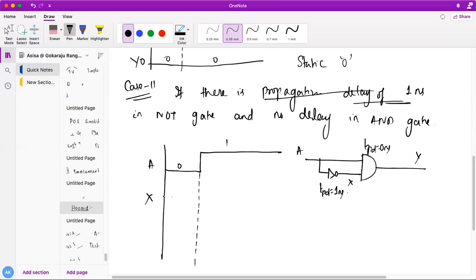So it will look like this: initially it is 0, and after 1 nanosecond I will achieve the change. This delay is here due to the propagation delay of the NOT gate. Do you all understand now how I have got this? This is 1, this is 0 now, this is as it is now. Obviously this is 1 nanosecond because of the propagation delay of this NOT gate.